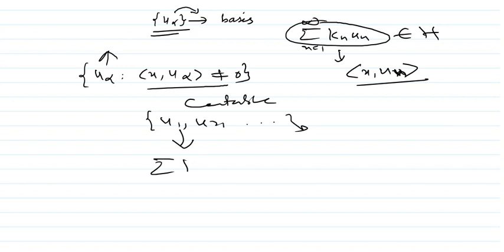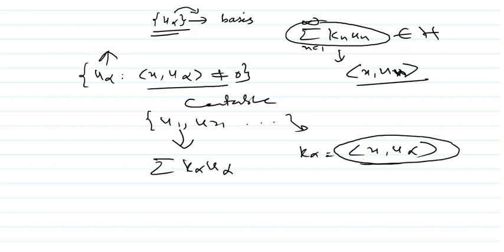Then, if you want to define k alpha equal to the inner product of x with u alpha, there are only countably many non-zero such scalars. That means we can calculate this series, the sum of x, un, where n runs from 1 to infinity. This is just a series with respect to the given orthonormal basis.